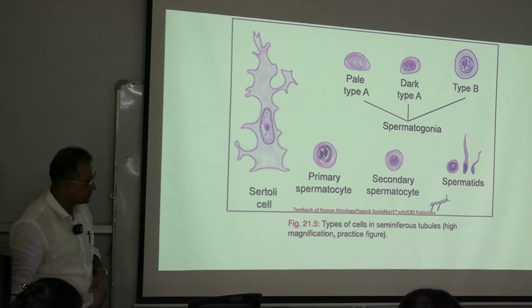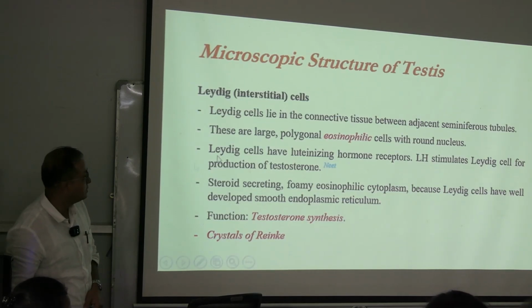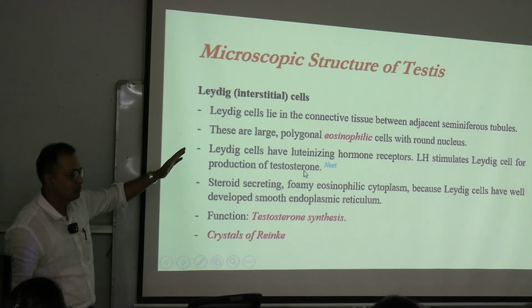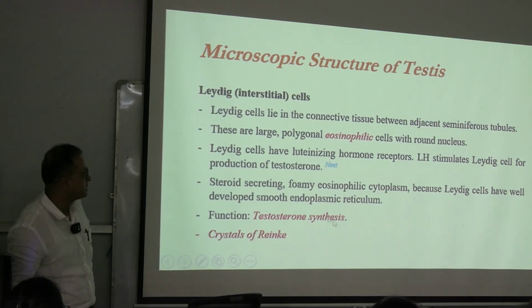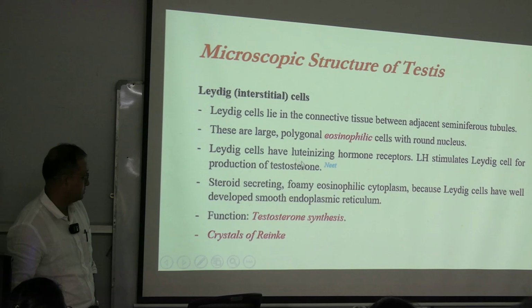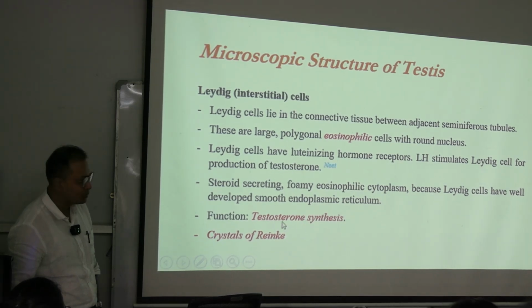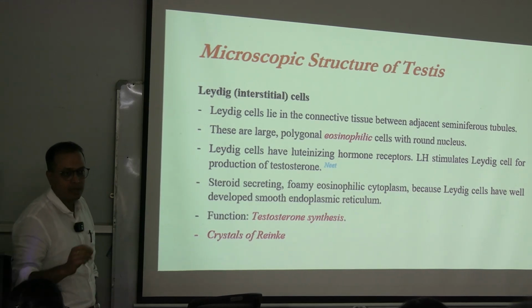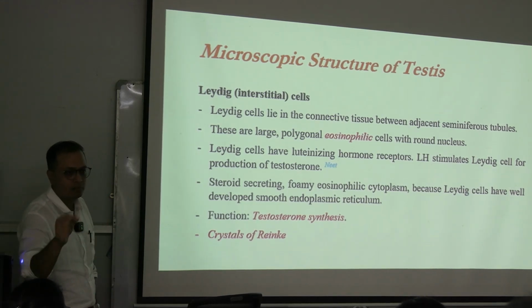Coming from the Sertoli cells, we have the Leydig cells. The prime function of the Leydig cells is the production of testosterone, with pubertal synthesis of testosterone. Once testosterone is produced, the Sertoli cell produces a protein substance we call ABP, androgen-binding protein.